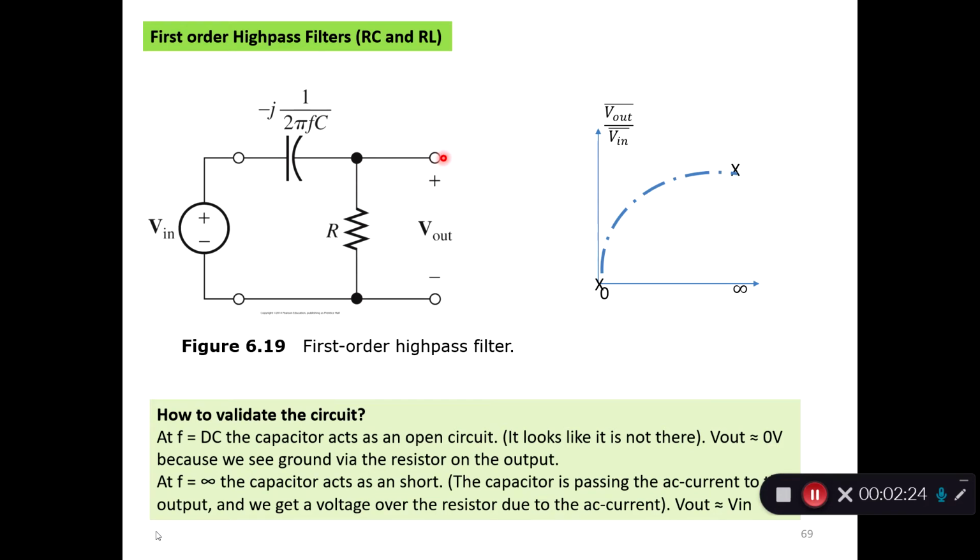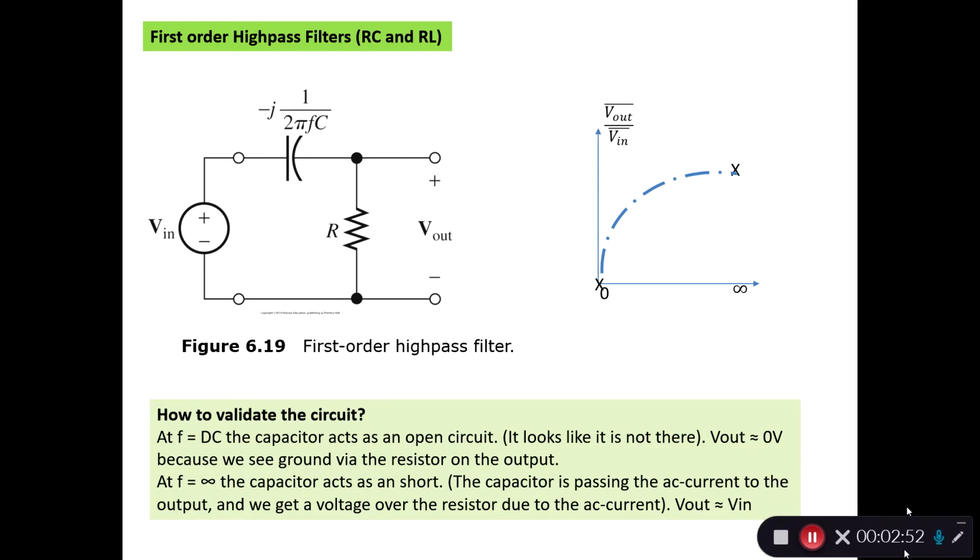So in this case, V out equals V in, because we have a current flow and we can have a voltage buildup. At infinite frequency, V out equals V in, and then we are up here at a magnitude of 1. So this is the approach we have to do to be sure that we are looking at the correct circuit.